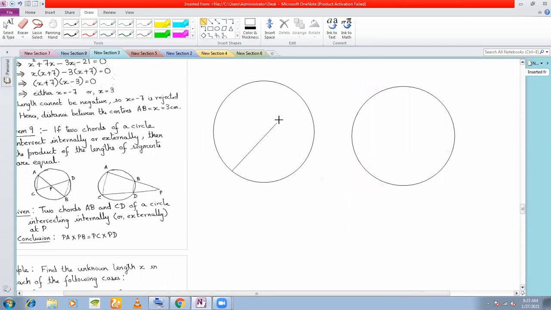In this case, you have two chords here. Let us call them AB and CD, and they are intersecting each other internally, that is inside the circle, at P. And again here in the second case, you have two chords that are intersecting each other externally.